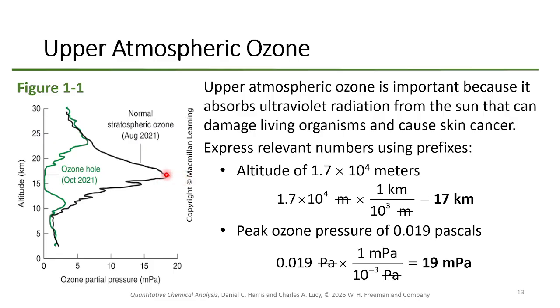Basically anything that devolves into free radical chlorine is a big one. Have you guys ever heard of this before? The ozone layer and ozone holes? Okay, kind of. All right, so we used to use, and we still do to some degree, as a refrigerant, specific gases that are not reactive basically at all at sea level.